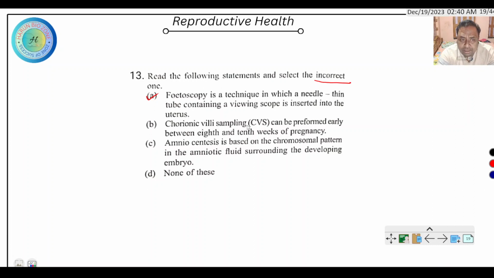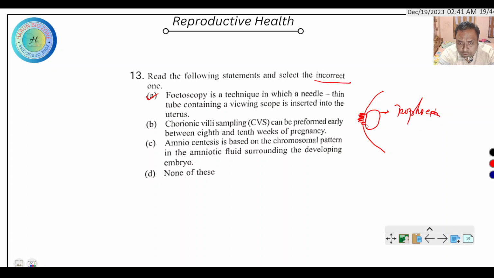Chorionic villi sampling can be performed early, between the 8th and 10th weeks of pregnancy. What is chorionic villi sampling? This is the endometrium wall where the blastomere is implanted, and this outer layer is called trophoectoderm.